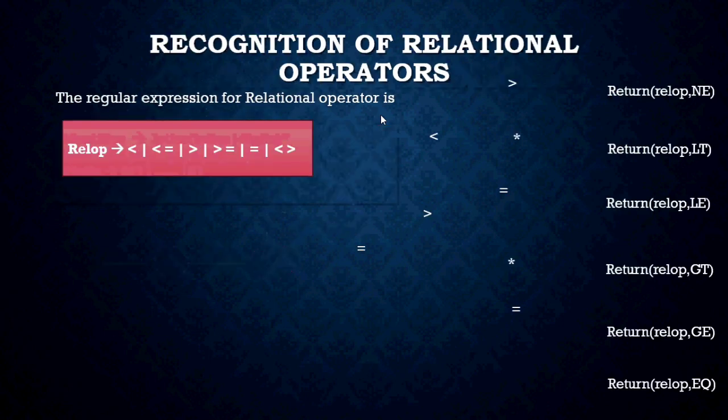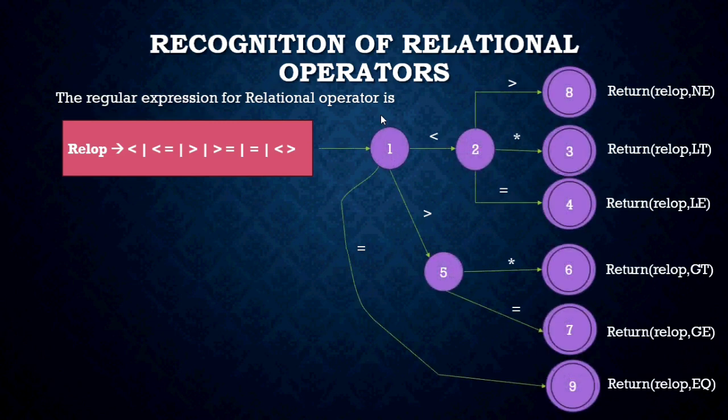Now the next is the recognition of relational operators. The relational operators are less than, less than or equal to, greater than, greater than or equal to, and not equal to. Now you can see here, we start from the initial state, state number 1, and there are 6 different final states here, which are used to recognize all these relational operators.